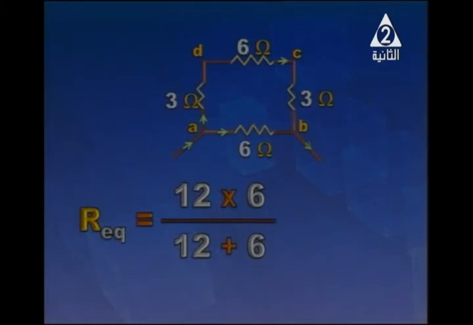Let me remind you: the resistors 3 ohm, 6 ohm and 3 ohm all form just one resistance of 12 ohm, connected in parallel to the 6 ohm resistor. So it is 12 times 6 over 12 plus 6, it is 4 ohms. This is if the supply is connected across AB.